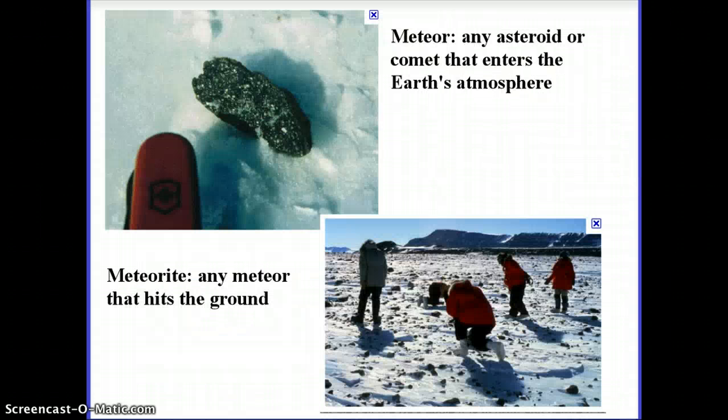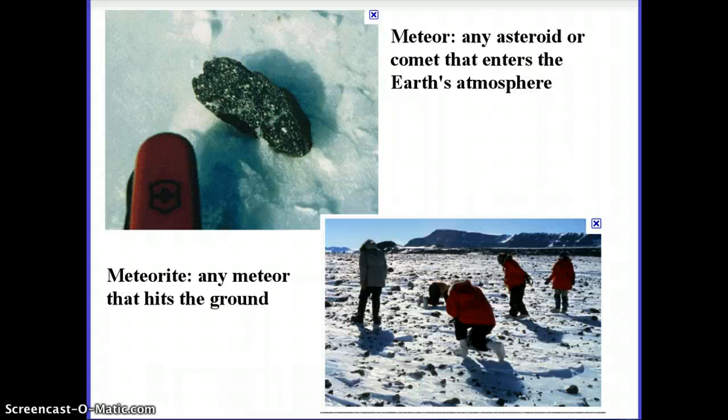Finally, we have meteors. Occasionally, we do get little pieces of this debris in space that come into the Earth's atmosphere. When I say occasionally, actually, this happens on a daily basis with little bitty ones.